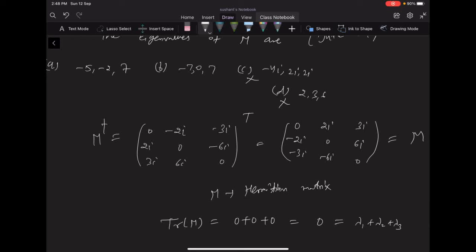So either option A is correct or B is correct. In option B, 0 is an eigenvalue. This is only possible if the determinant of matrix M is 0. So we will calculate the determinant of M. If it is 0, then option B will be correct. If it is non-zero, then option A will be correct.